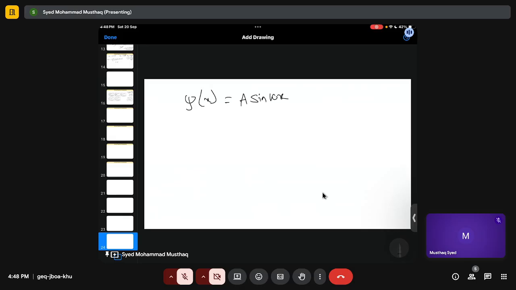Then what about at x equals L? At x equals L, also our psi of x is 0, right? So a sin kL is 0.